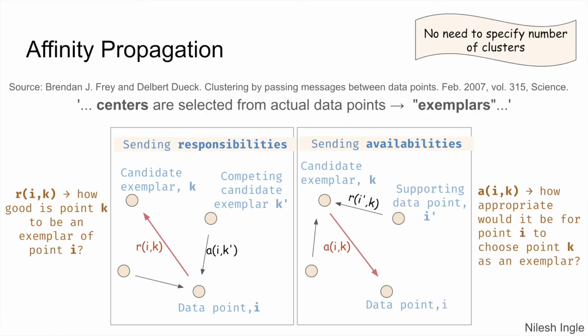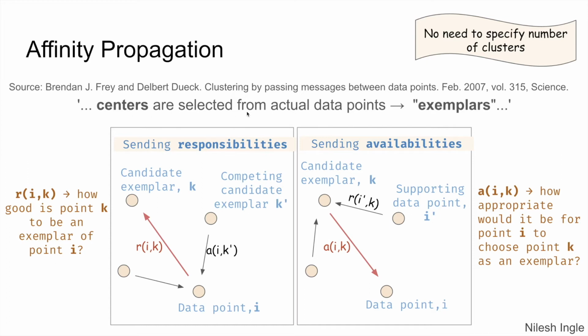Affinity propagation. This is a different type of thinking in this particular algorithm. In this case, there is a word called exemplars. Exemplars, you can think of them as centroids.